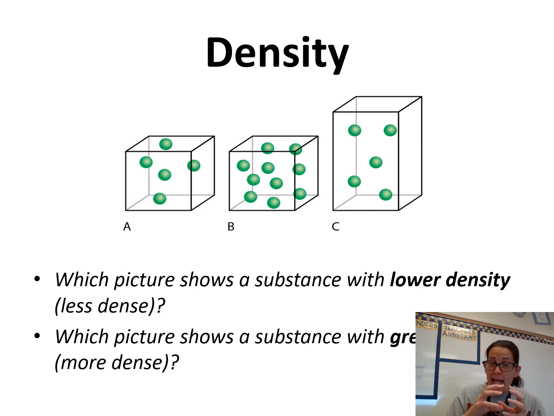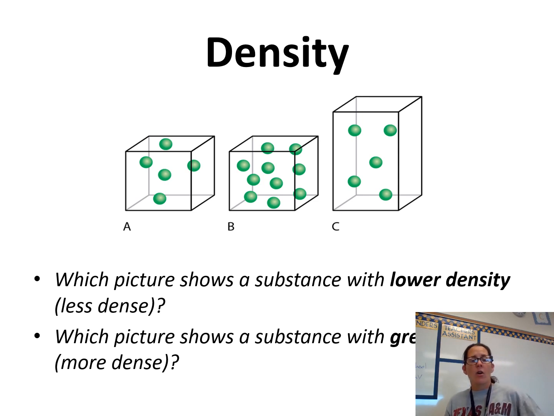But then if we look at A and C, they have the same amount of atoms, but in C, they've got way more space to spread out. So C is going to have less density than either A or B because they've got more room to spread out. The further apart those atoms are, the less dense they're going to be.